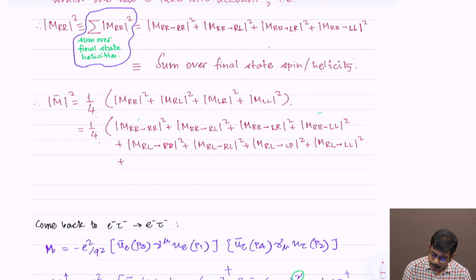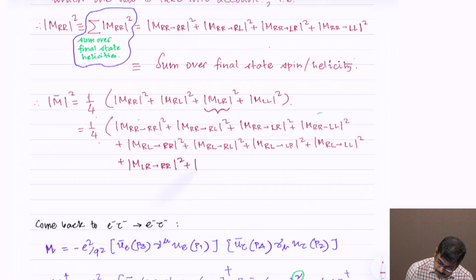So, let us write one of these. What is M_LR mod square? It means you have LR to RR, LR to RL. There is no point in writing them in the same order that I am doing; your results will be invariant in what order, it is a sum ultimately.